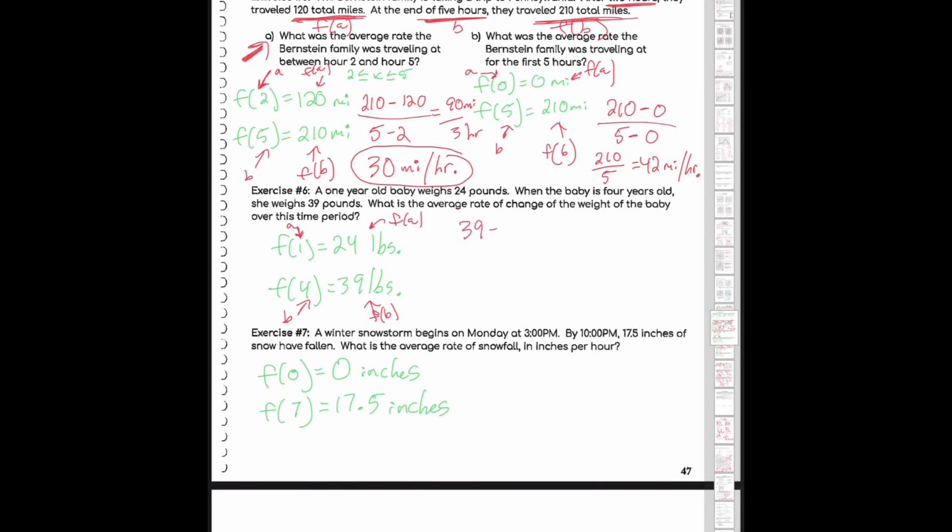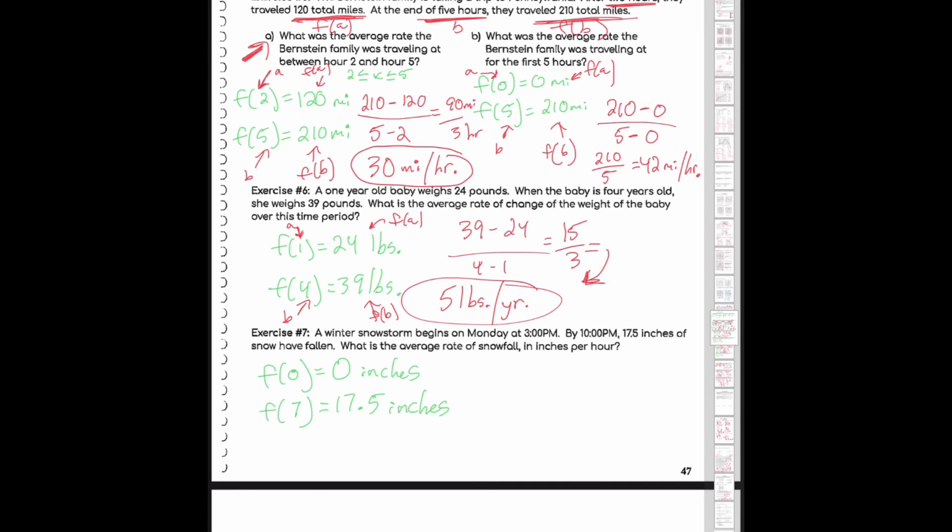So f of B is 39. f of A is 24. B minus A, we are able to get 15 over 3, which means the baby gained weight at a rate of 5 pounds per year on average.